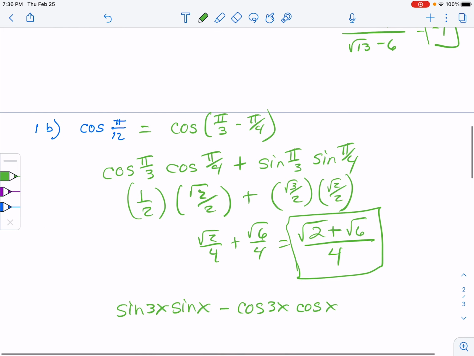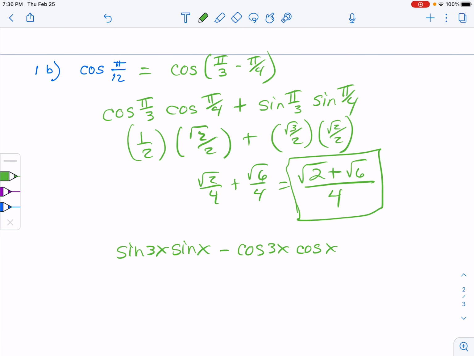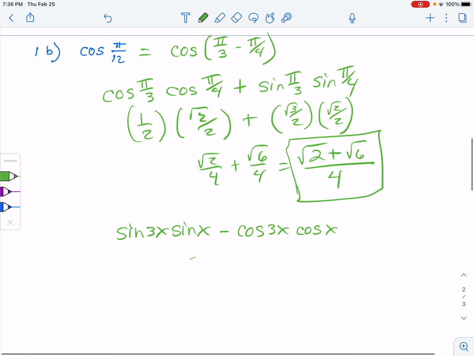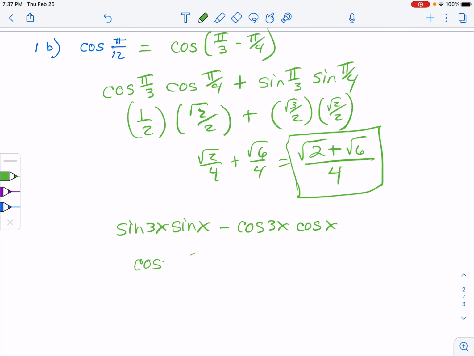If you're subtracting them, if you multiply this by a negative 1, you'd have cosine of 3x, cosine x, minus sine 3x, sine x.